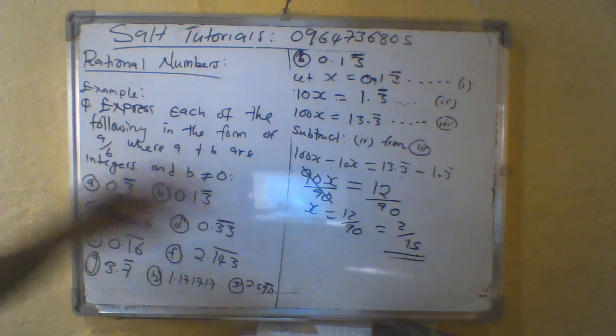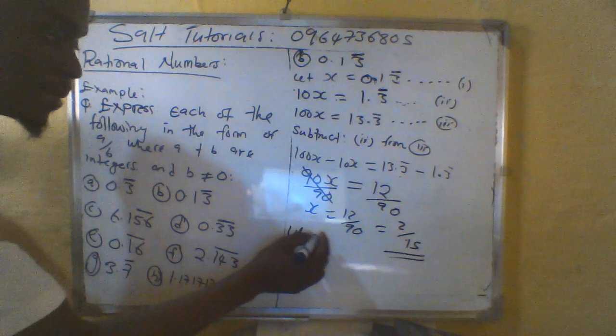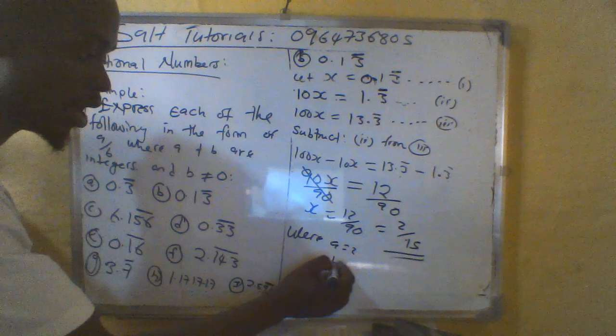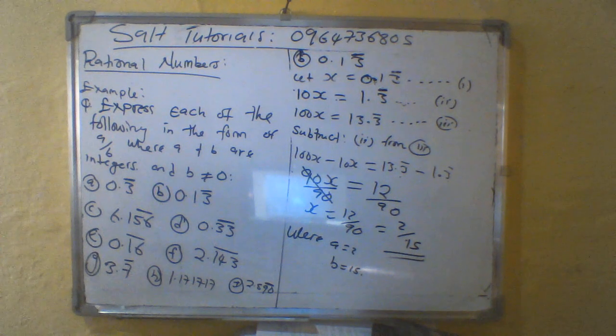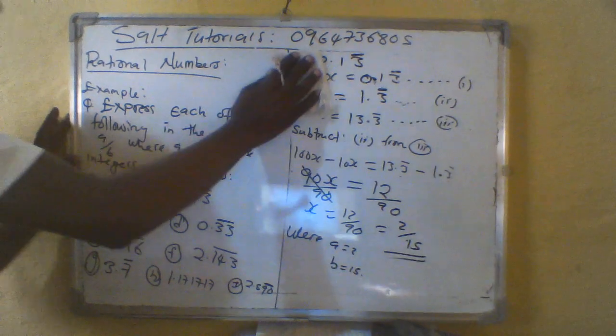And then you are done, where a is equal to 2 and b is equal to 15. Done deal. Go to the C part. We can now go to the C part.